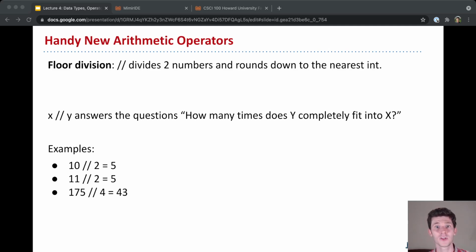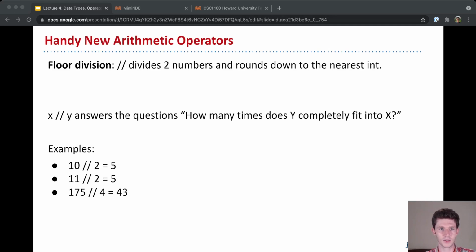But floor division just looks at how many whole times can we put 2 into 11. And so it goes in 5 times, then with a remainder of 1. Finally, just a more complicated example, 175 floor divided by 4 is 43, because 4 goes into 175 43 times.